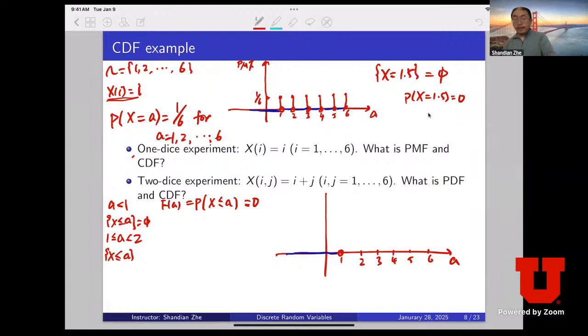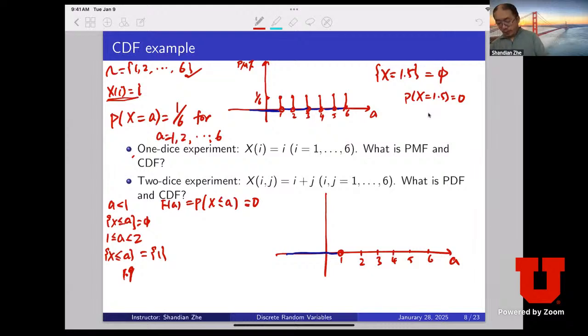It just contains one element, 1, right? Because A is less than 2. For example, A is 1.5 or 1.9. Among the whole sample space, there's only one element which has the X value less than 1.5 or 1.9, which is just 1.